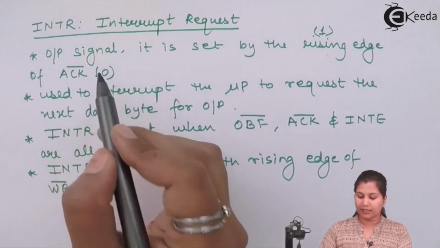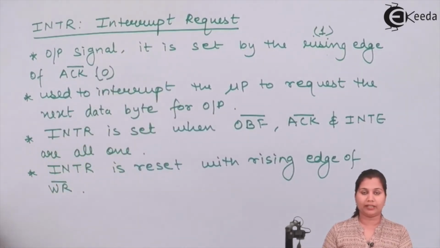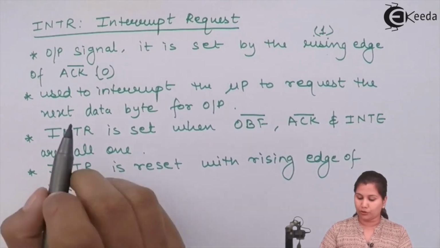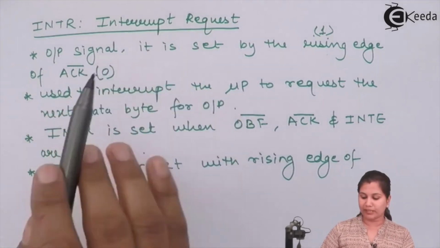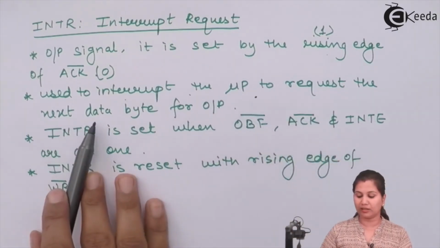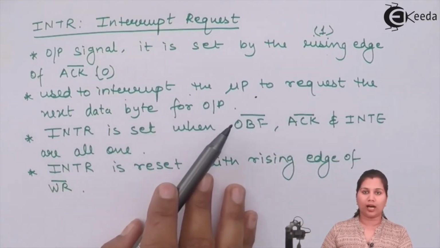So for this, the interrupt request is generated, and when this interrupt request signal is received by the microprocessor, the microprocessor gets to know that the first data byte has been received by the peripheral, and the next data byte it has to transfer. So this interrupt request signal is used to interrupt the microprocessor to request the next data byte for the output.